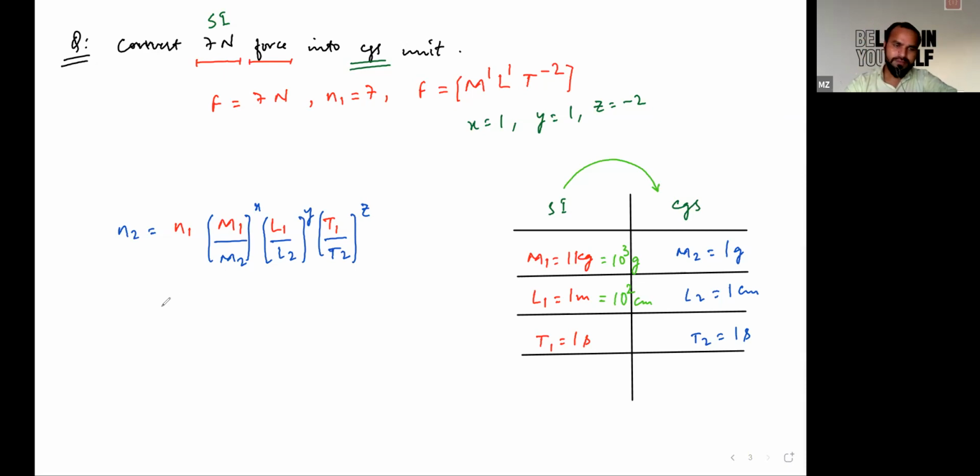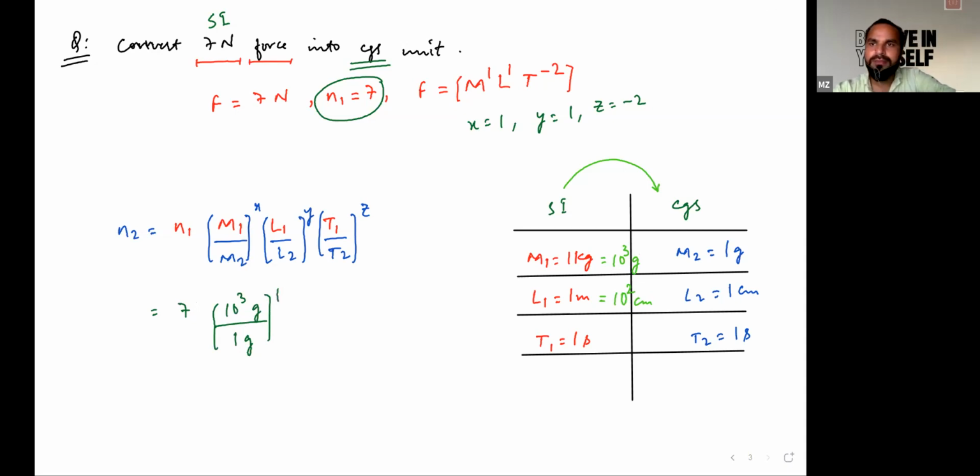Just see how to solve. We have N1, which is nothing but 7. So put the value. The next part is M1, which was 1000 gram, 10 raised to the power 3 gram, divided by M2, which is just 1 gram, and the whole raised to the power X, which was nothing but 1.